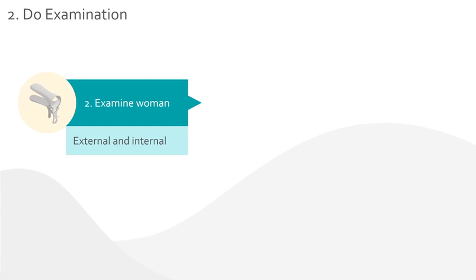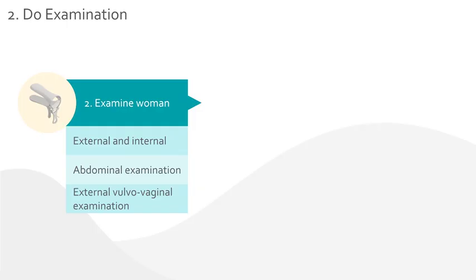Clinical examination should include an abdominal examination to exclude abdominal tenderness, rebound tenderness, or palpable masses, and an external vulvovaginal examination to observe any lesions, overt genital discharge, vulval erythema, and excoriations.